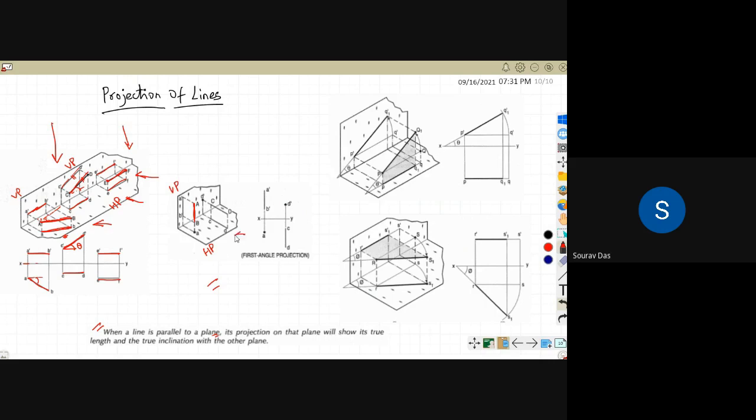So from the front view, this is the front view of the line, and from the top view, it will be seen as a point. And say this is the line CD, which is perpendicular to the vertical plane. So from the front view, it will be seen as a point, and on the top view the true length of the line can be seen.